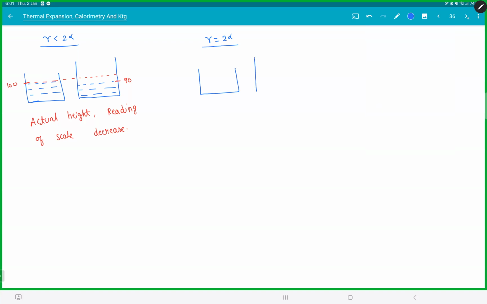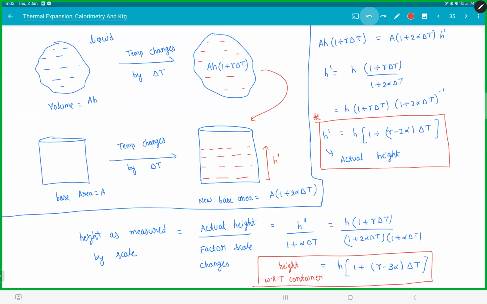So we have the container that would expand, and this would be the height of the liquid. If exactly gamma is 2 alpha, and this is 100, you will notice they're exactly the same height, but the scale will be showing 95. Getting the difference? If gamma is 2 alpha, the actual height will be the same as the initial height.